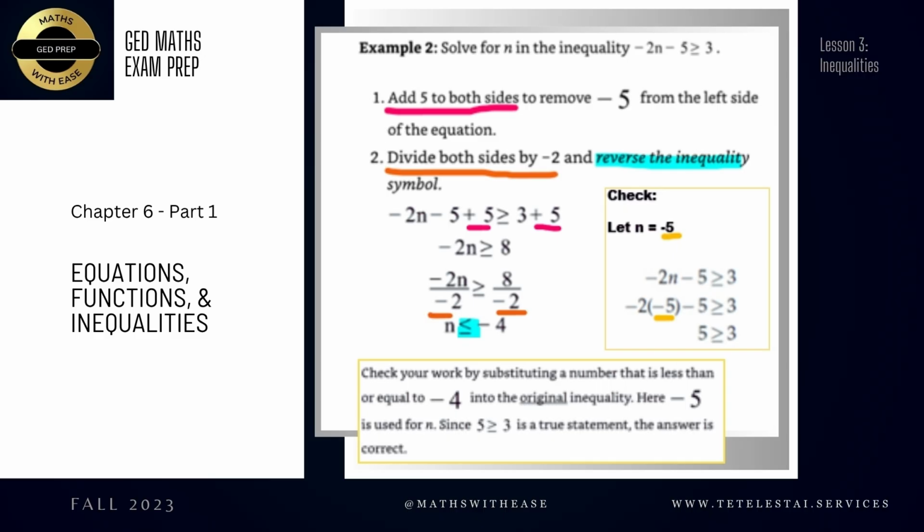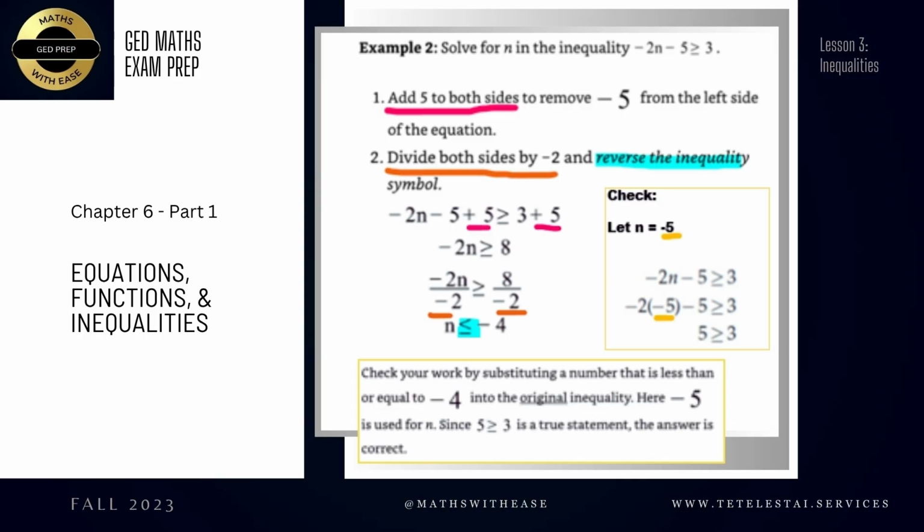You start by adding 5 to both sides to remove the -5. So -5 plus 5 is 0 on the left-hand side, and 3 plus 5 is 8 on the right-hand side. Then you want to further isolate n by dividing both sides of the inequality by -2.